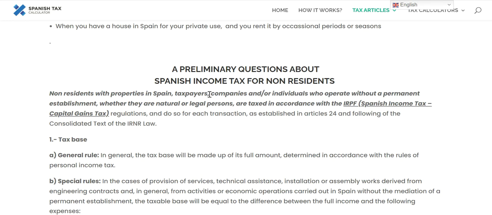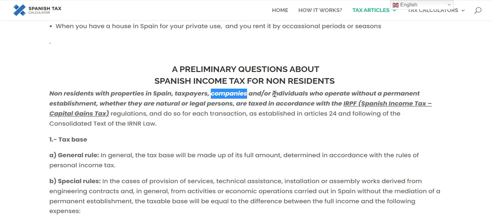So considering companies, a non-resident company in Spain will be considered foreign registered companies that are acting in Spain, making business or participating in transactions where they are registered in the country of origin and not in Spain.